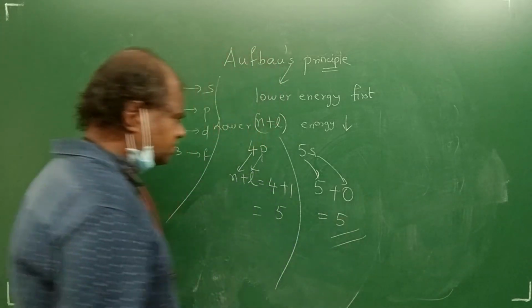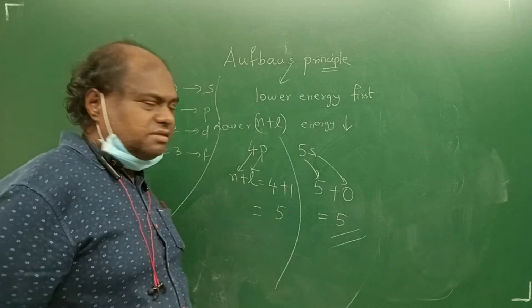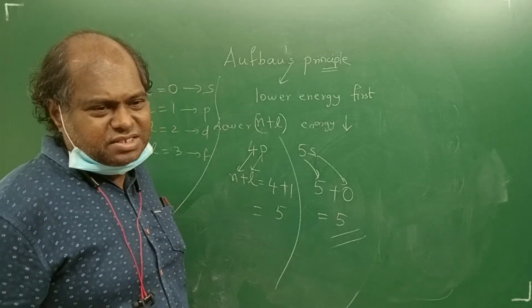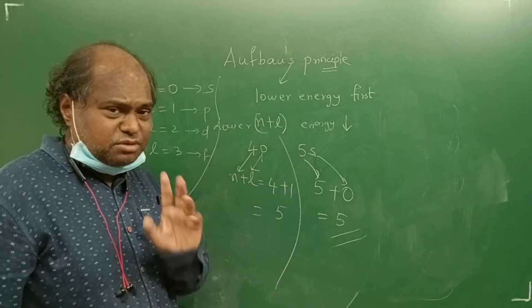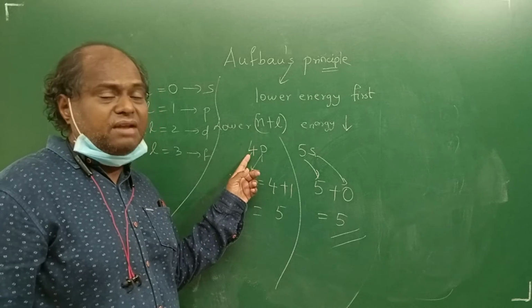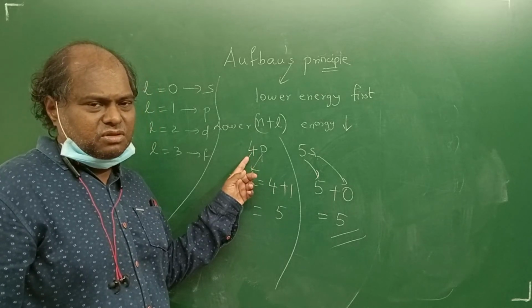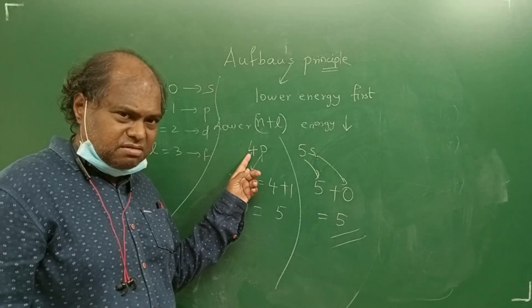Now students, this is very interesting. You see, n plus L is same. I told you that lesser n plus L means energy is less. Now if n plus L comes out to be same, listen to this very carefully, then you will decide based on the n value. So who has got less n value? 4p.